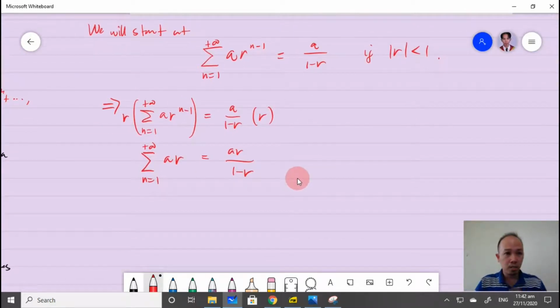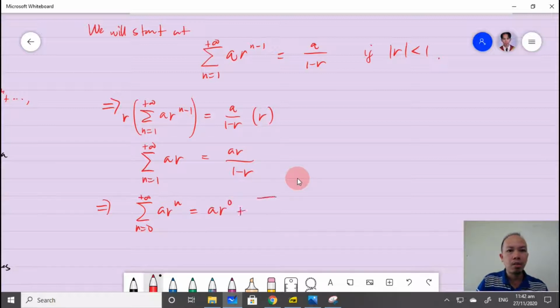So this implies that the summation of a r to the n, where n starts from 0 to positive infinity, can be written as a r to the 0 plus the summation of a r to the n, where n starts from 1 to positive infinity.